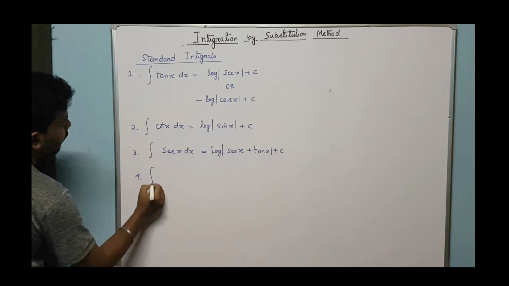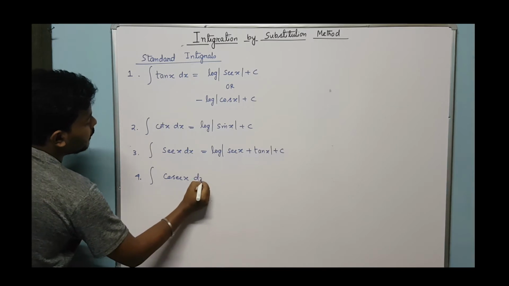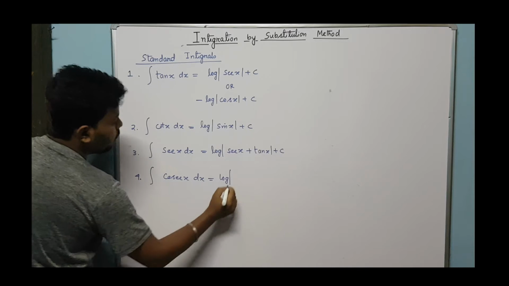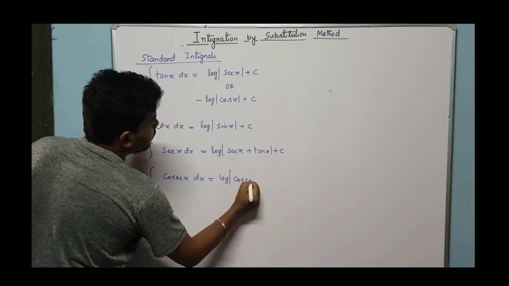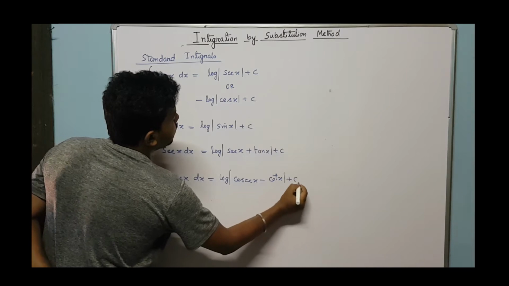Number 4 is integration of cosec x dx is equal to log of mod of cosec x minus cot x plus c.